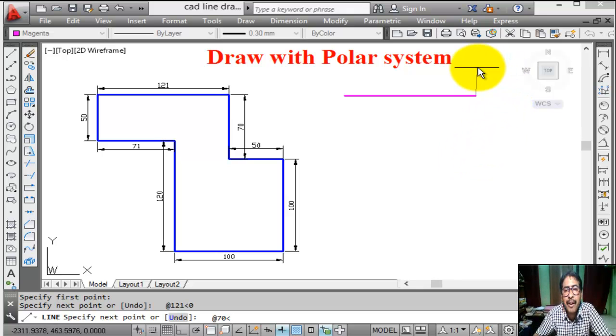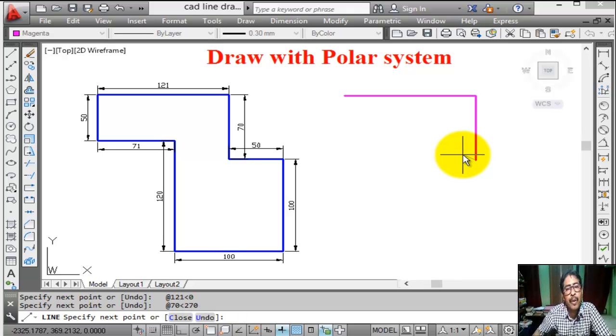We can give this 0, this is 180, this is 270. We give angle 270. Okay, we can also give the angle minus 90.